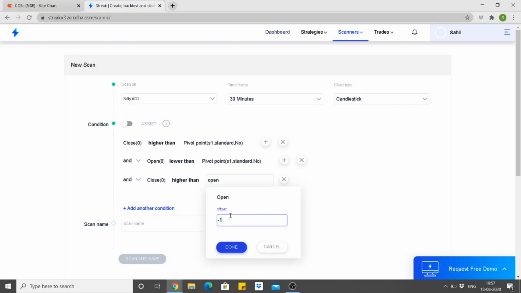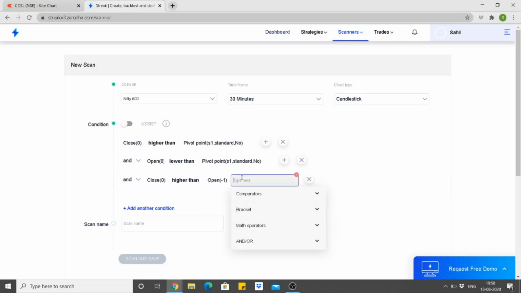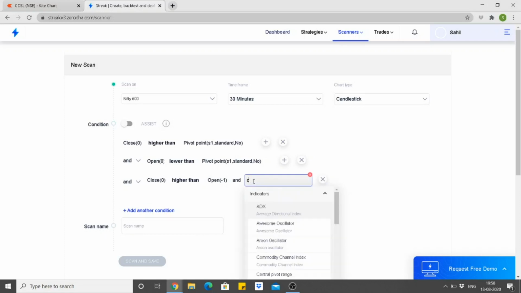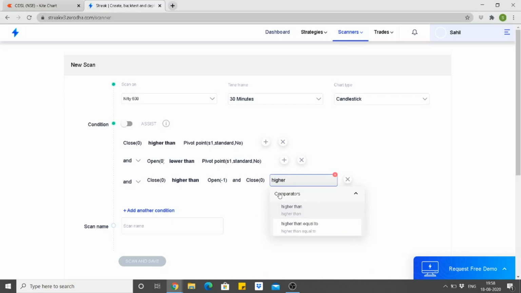To define the previous candle, we will put in an offset of -1. And the closing price should also be higher than the previous closing price.